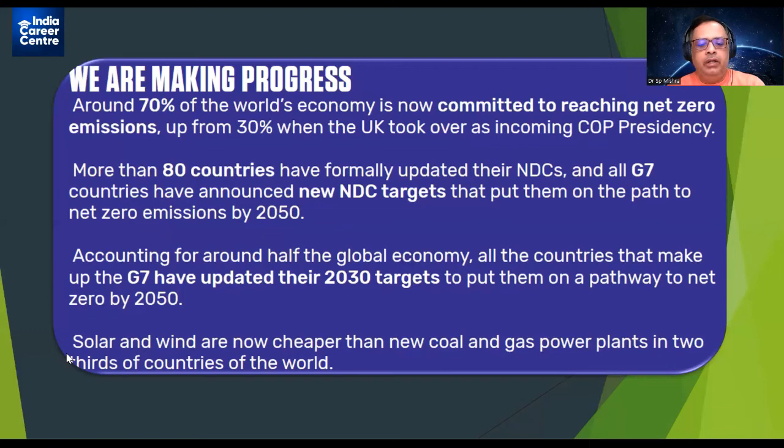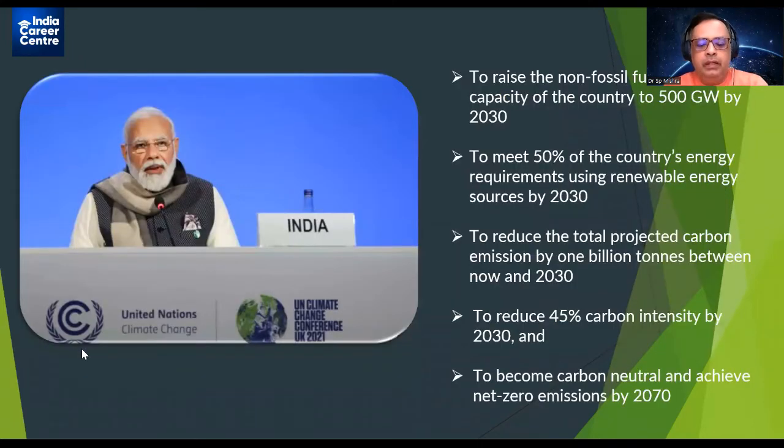Solar and wind energy is now cheaper than new coal and gas plants in two-thirds of the countries. Of course, India also has made promises, and these are the top promises which India has made: to raise the non-fossil fuel-based energy capacity of the country to 500 gigawatt by 2030.